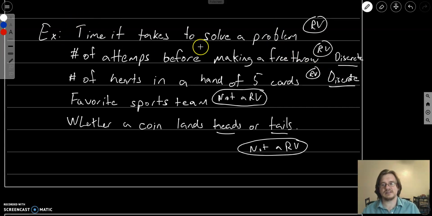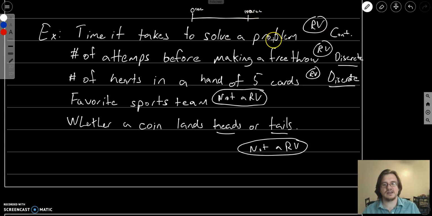The time it takes to solve a problem, this is going to be continuous. And there are a couple of different ways to see this. The first way is to think about a timeline for when we're going to solve this question. Over here we might have 0 seconds, and over here maybe 100 seconds.